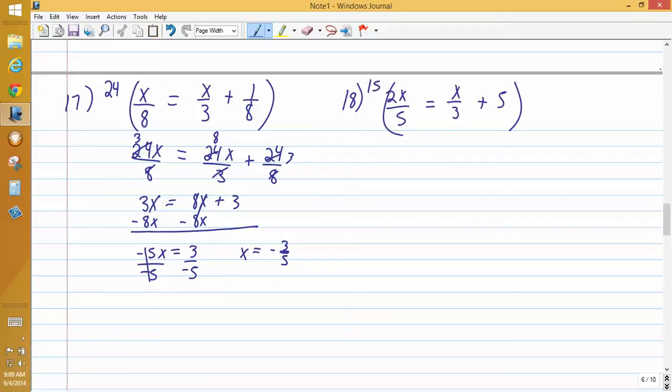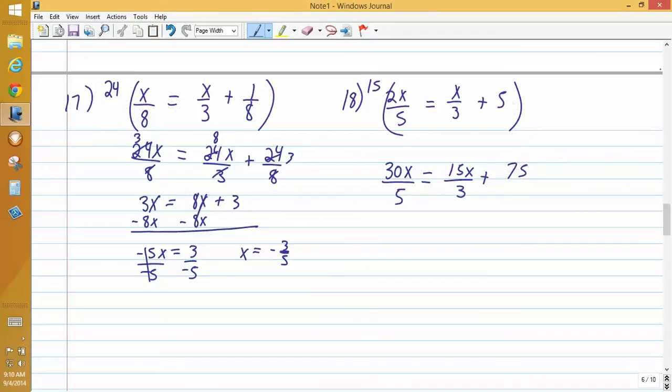So multiply 15 times each term. 15 times 2x is 30x over 5 equals 15 times x is 15x over 3 plus 15 times 5, that's 75. Don't forget to multiply this last number. That's common for students to forget that.